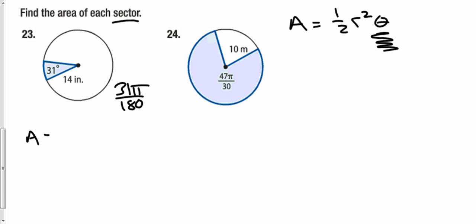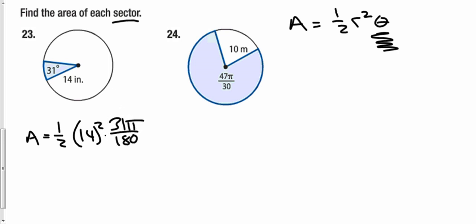So my area here is going to be 1/2 r squared, 14 squared, times theta, which is right there. Plugging this into a calculator gives me about 53 inches squared, since we're dealing with area.